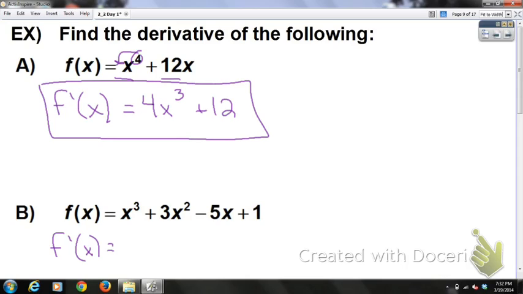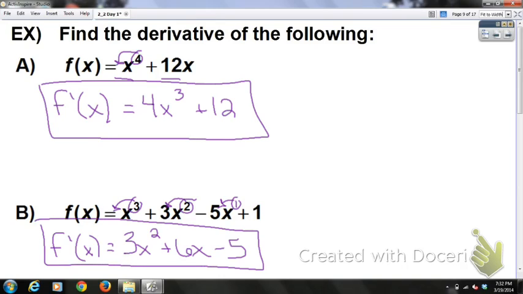So f prime of x is going to be 3x squared plus, going to take this 2, multiply it into the 3, so 3 times 2 is going to be 6x to the first power minus 5 times that 1, which was invisible, so it's going to be minus 5 times x to the 0 power, which is 1, don't need it, plus the derivative of 1, the derivative of any constant, is simply 0. So our derivative for b, f prime of x, is equal to 3x squared plus 6x minus 5.